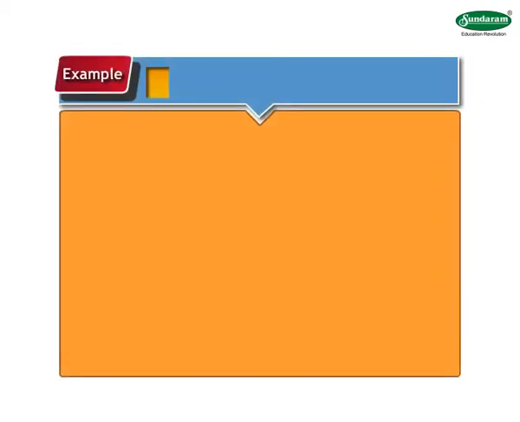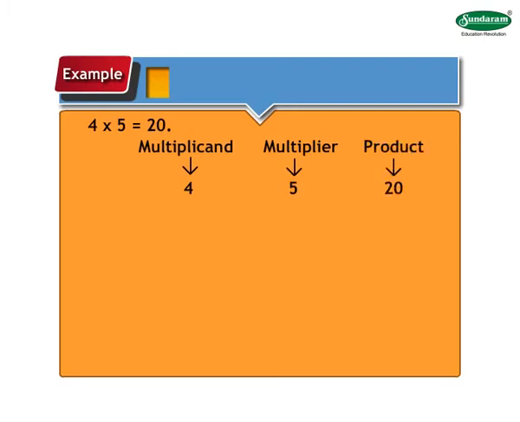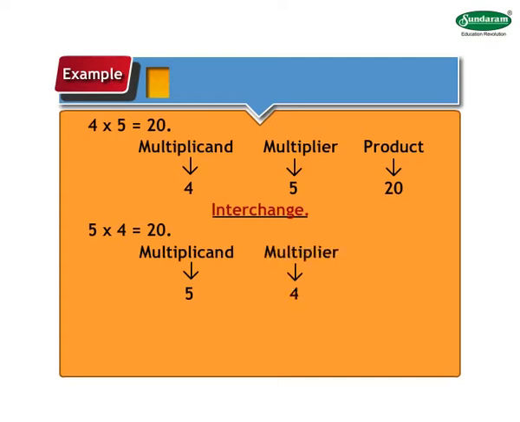Let us take one more example. 4 multiplied by 5 is equal to 20. Here, 4 is the multiplicand, 5 is the multiplier, and 20 is the product. Now let's interchange the multiplicand and the multiplier. When we take 5 as the multiplicand and 4 as the multiplier, then also the product that we get is 20.